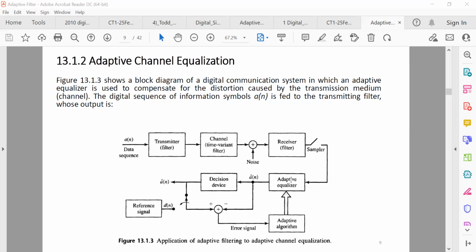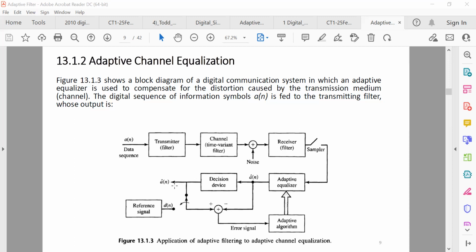The adaptive equalizer is used, and then we get the actual output here. We do further processing to get a caret n, and then the decision device decides whether we are receiving the correct signal or not. Then we get the final a caret n.